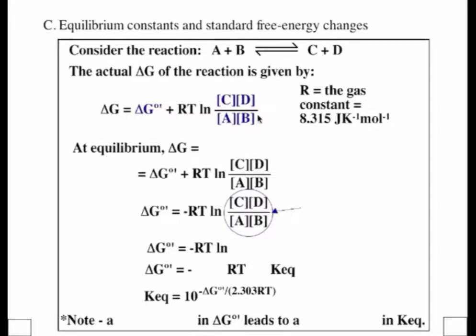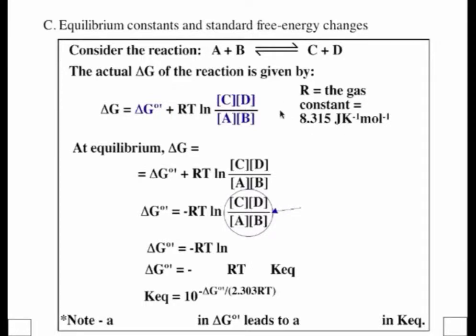Sometimes that is known and sometimes it's not. In fact, sometimes it's difficult to determine within the cell what the exact concentrations of products and reactants are. However, sometimes that is very possible, and we can then compare the actual delta G with the biological standard state delta G, recognizing of course that R is the gas constant, which some of you will recognize as 8.315 joules per Kelvin mole.